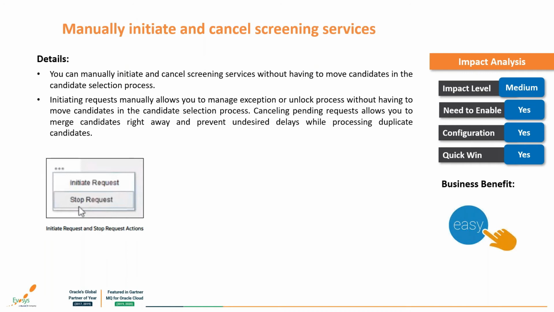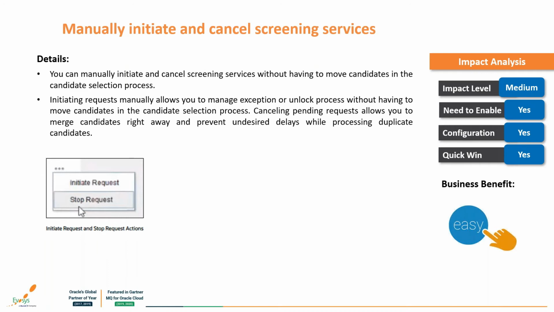And for canceling, same, you have to go to the screening tab in the requisition field. This will allow you to merge the candidate right away in the process and prevent undesired delays while processing duplicate checks.